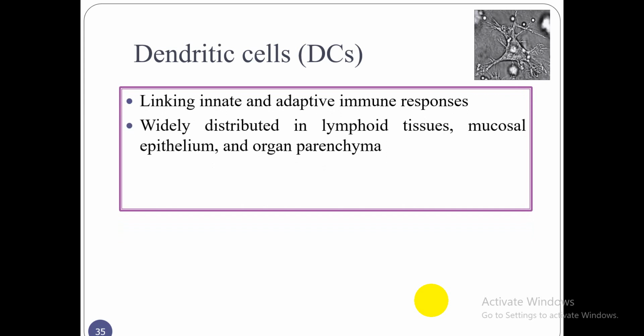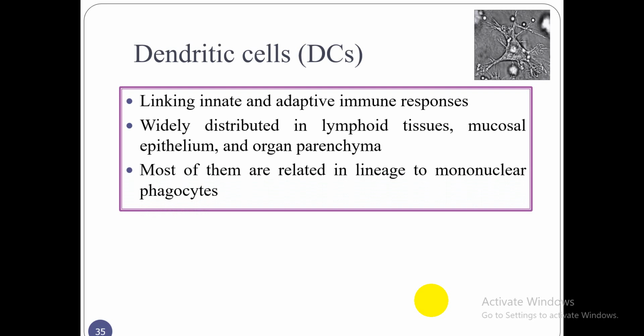They are widely distributed in lymphoid tissue, in mucosal epithelium, and also some of the dendritic cells are present in organ parenchyma. Most of the dendritic cells, not all of them, are related to the lineage of mononuclear phagocytes.